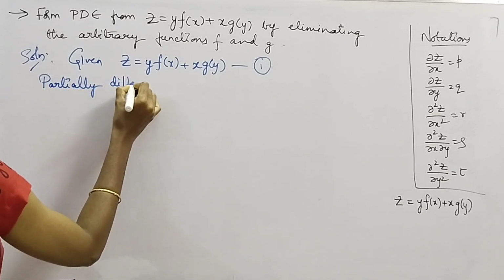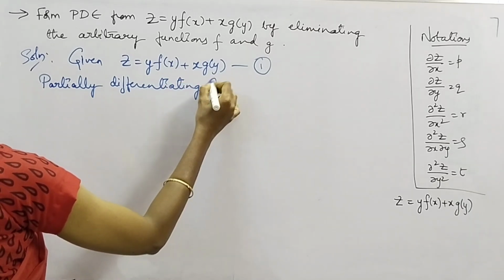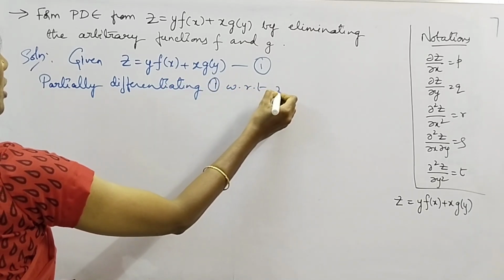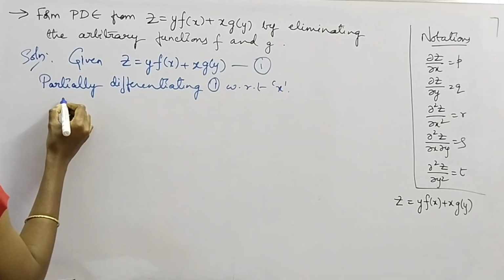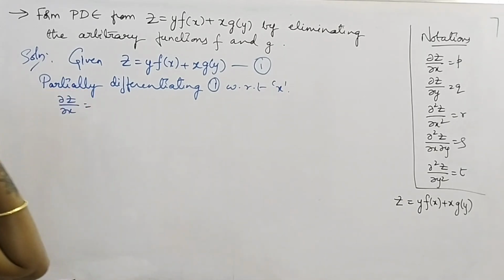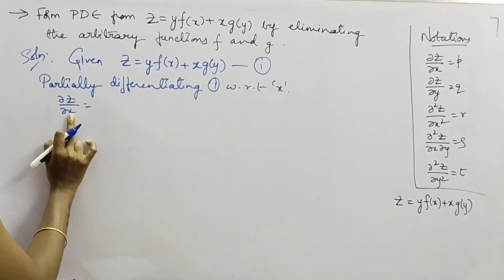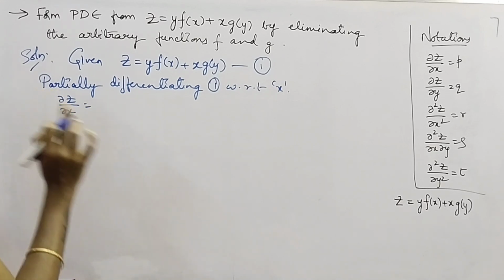Partially differentiating 1 with respect to x, you'll get dou z by dou x equal to, if we partially differentiate with respect to x, we have to treat y as constant.